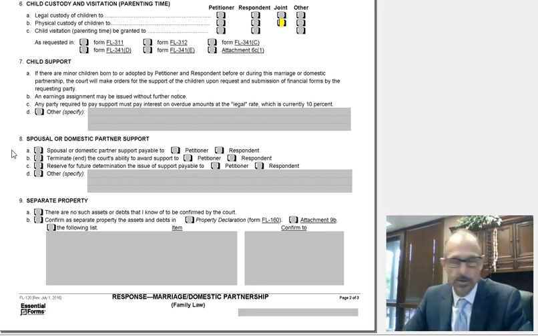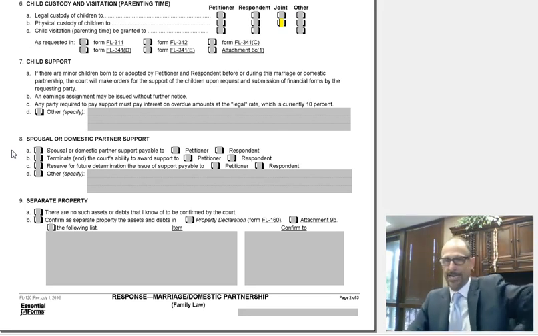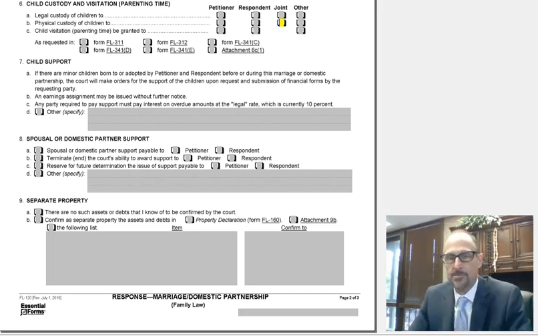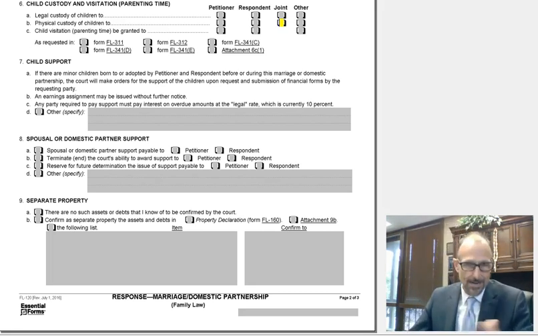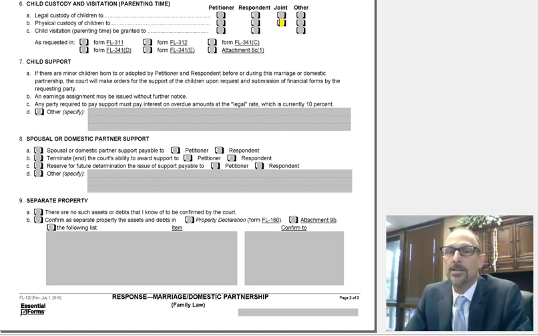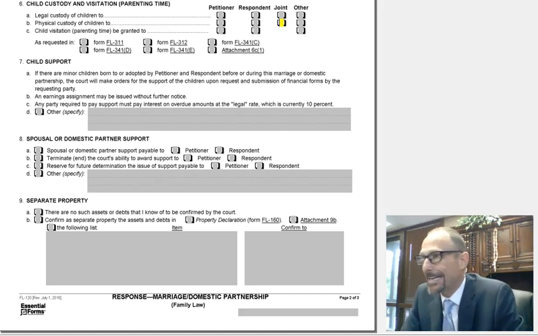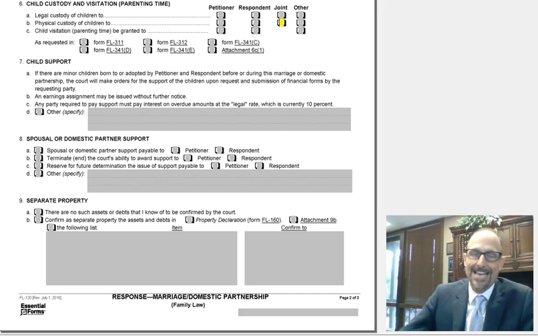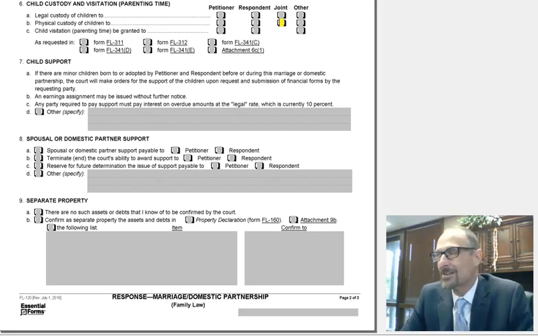I always tell my clients, God forbid something should happen, but even if you're the larger wage earner, you could step off the curb, get hit by a bus, and your partner could win the lottery at the same time, and ultimately you could get spousal support paid to you. Without that box being marked, a and to respondent, you couldn't get it. You'd have to refile, amend this response to get it in the future. So it's simpler just to mark it now and be done with it.